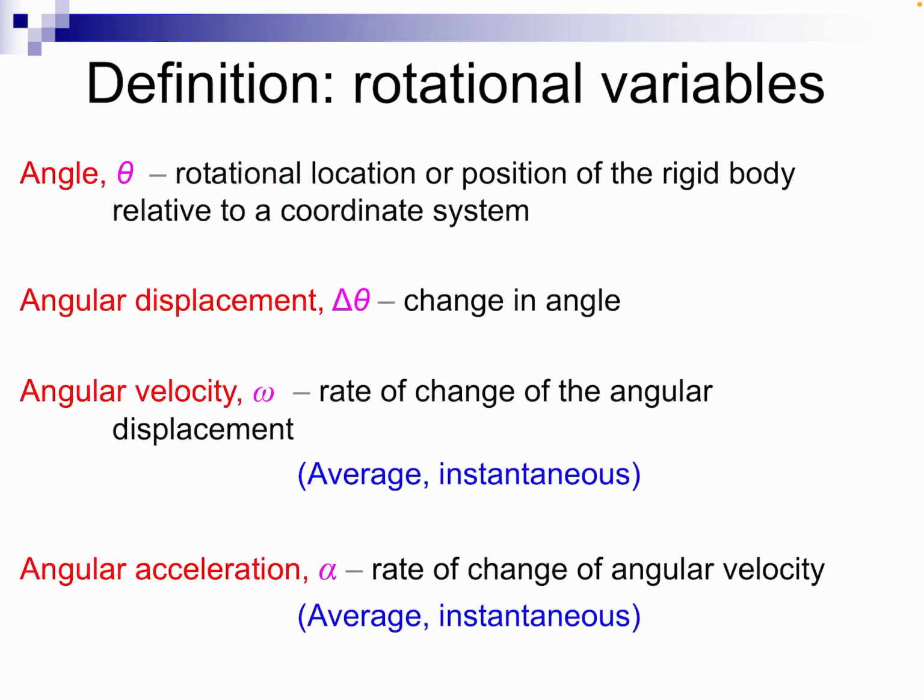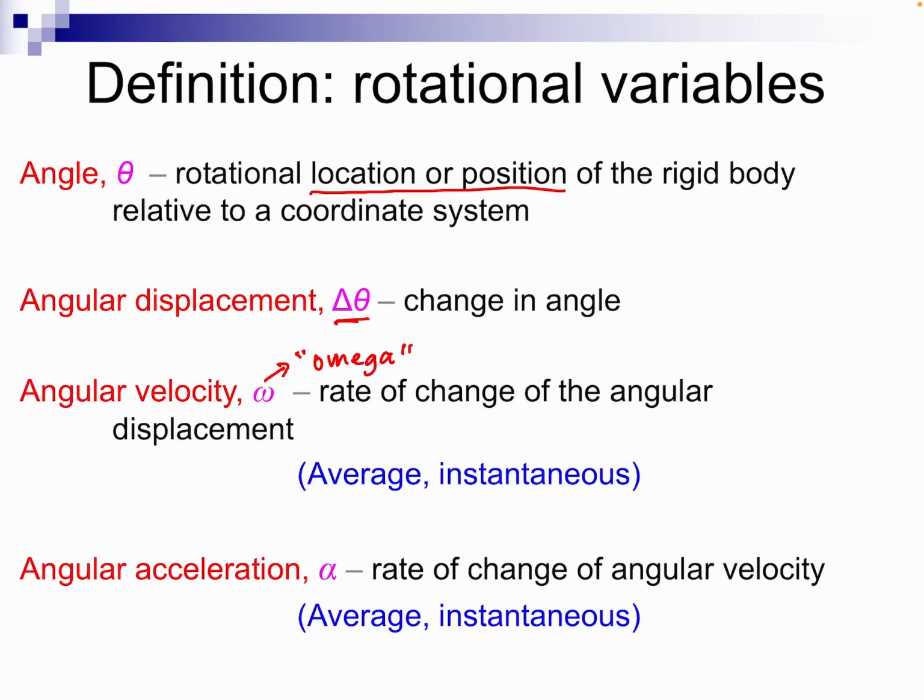Okay, so for angle, we use the symbol theta to describe the location or position of the rigid object. The angular displacement will be the change in theta. Angular velocity, we use this symbol, a Greek symbol read as omega. Okay, so the omega is the rate of change of angular displacement.